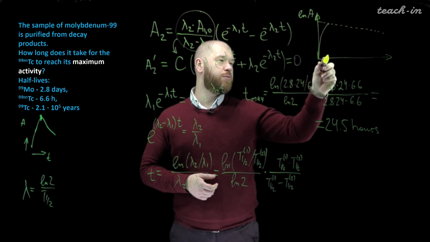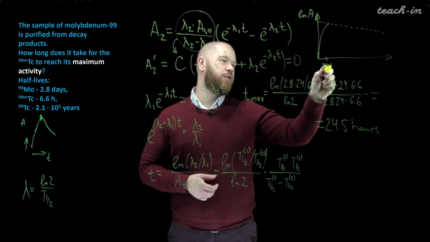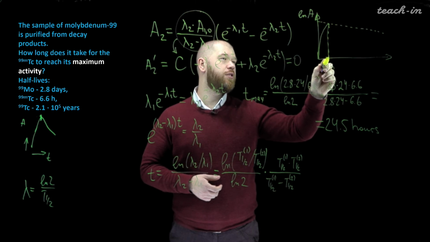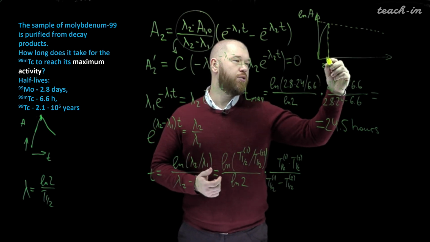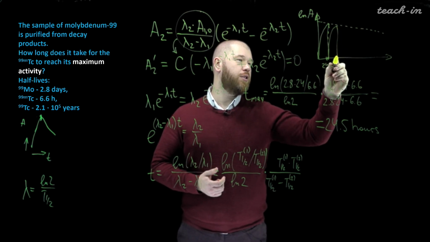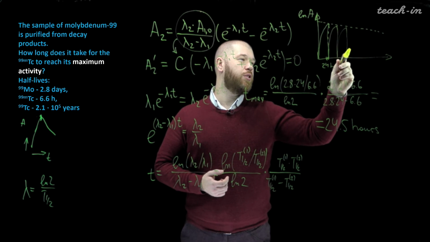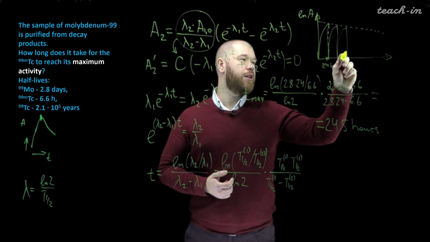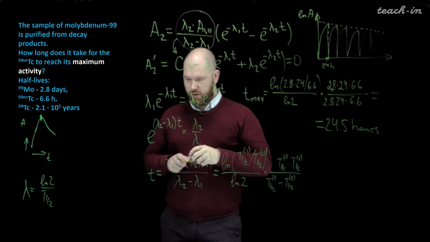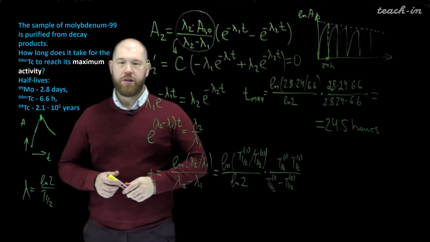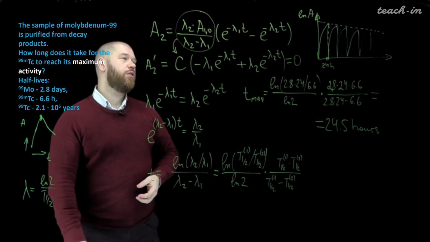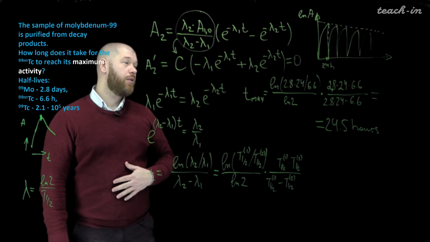But at this point, at 24 hours, we can elute it, so the activity will be again 0, and after elution it will accumulate again, and we can elute it again. So we can use the molybdenum-99 source for a very long time for production of technetium-99m. So this is again how the radionuclide generators work.